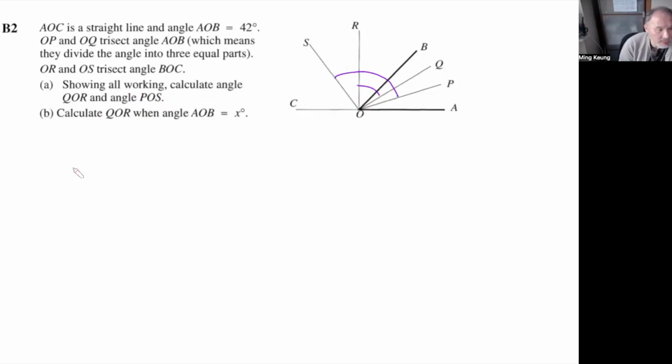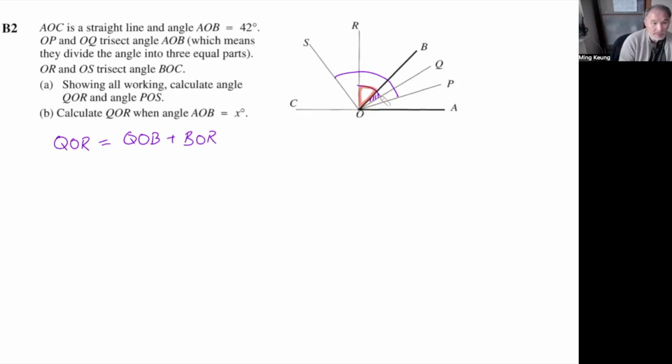So let's start with QOR. In order to work out QOR, we're going to need two bits: this bit, and then the other side here. So I need QOB plus BOR.